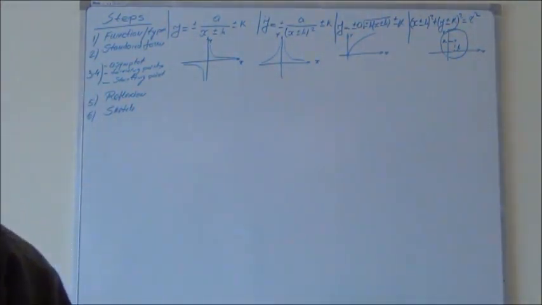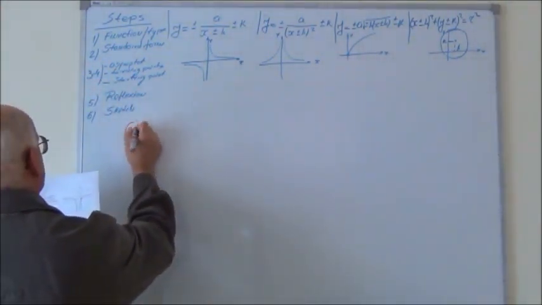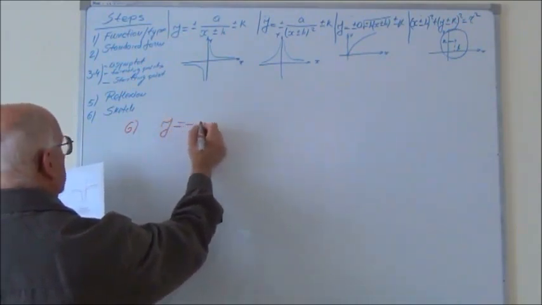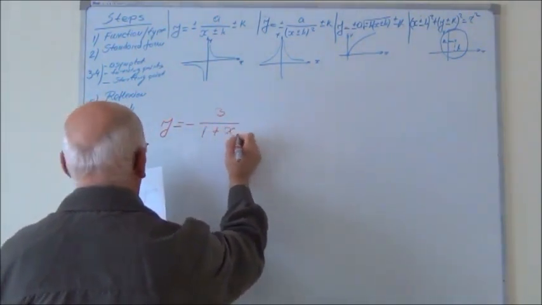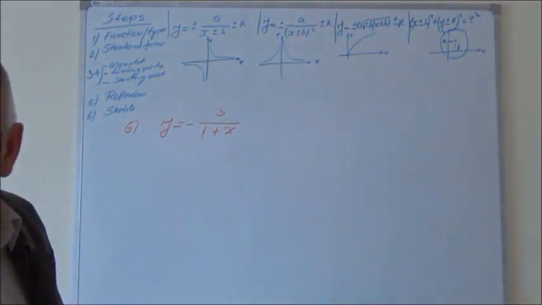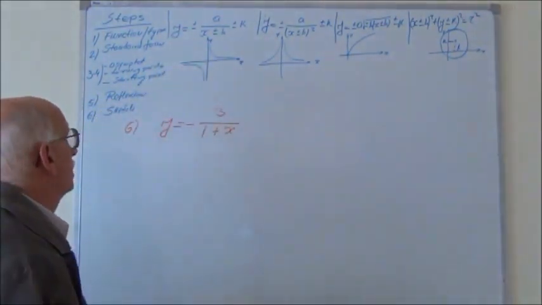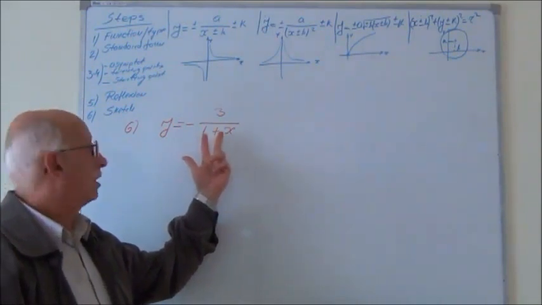Now we will continue with question 6. Question 6 is to sketch a graph of y equal minus 3 over 1 plus x. Again, talking about a hyperbola. Is it in standard form or not?